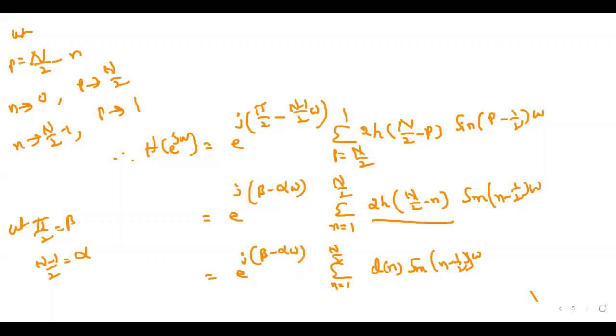Where d of n is equal to 2 into h of n by 2 minus n, for all values of n, that means for n equal to 0 to n minus n.